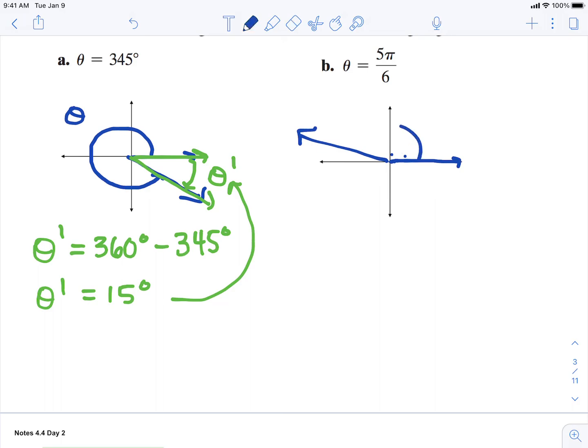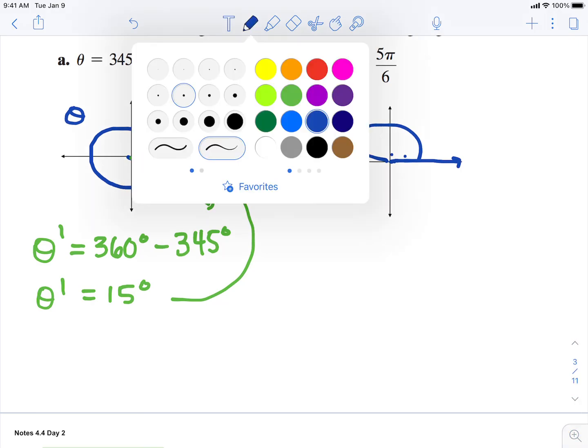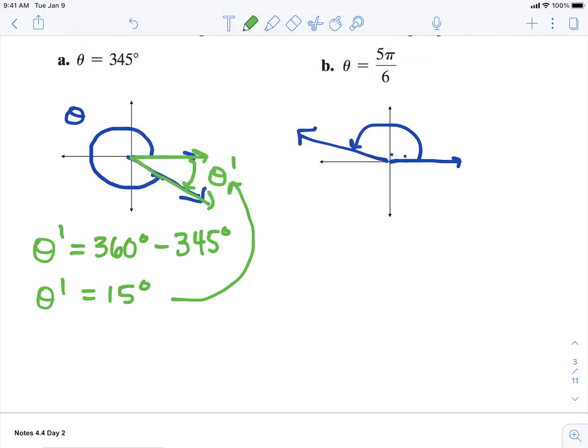So this angle starts at 0 radians and finishes at 5 pi over 6. And we want to find out, starting on the x-axis, working our way back up to that terminal side, how large is this angle right here?